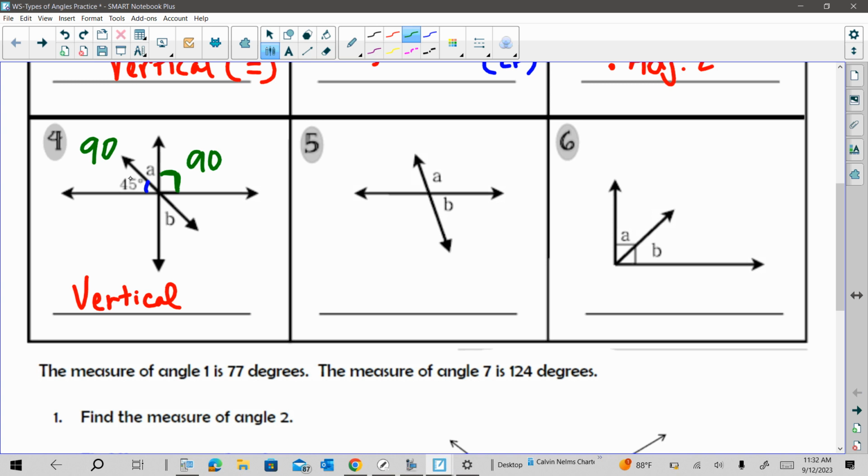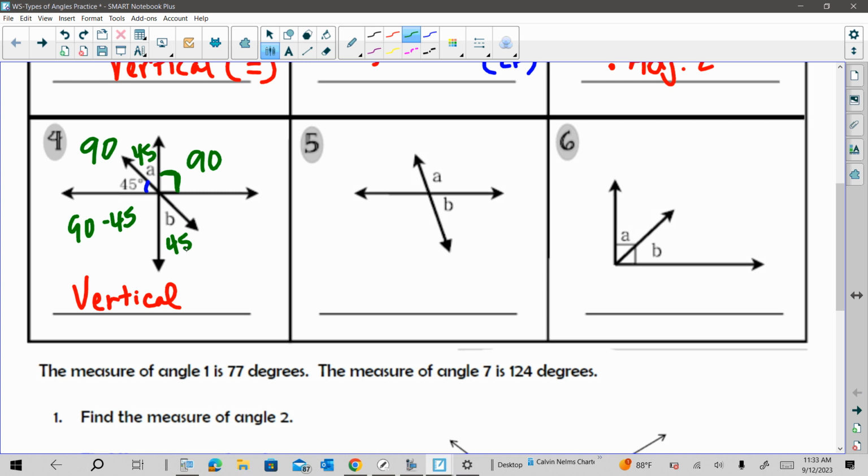So together they have a sum of 90. How do I get angle A? Yep, just 90 minus 45. So if A is 45, then what do we know about B? It is also 45. Finding the angle measure is what we're building up to, using the type of angles.